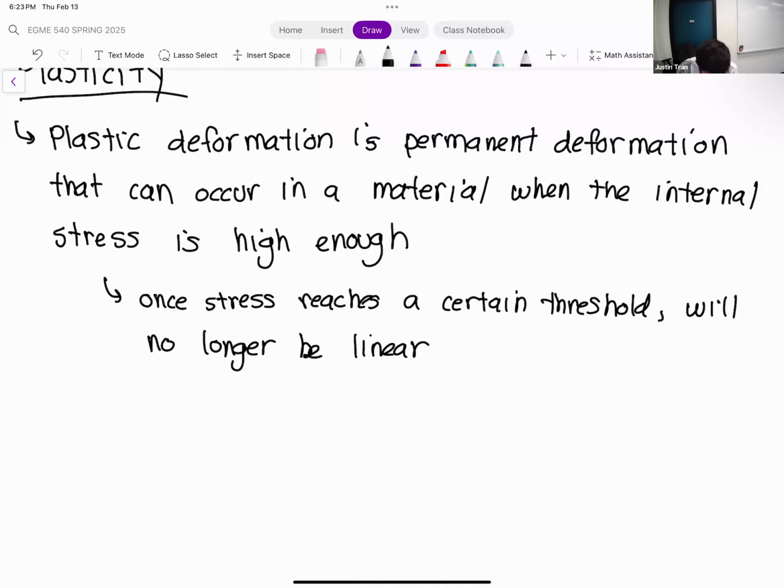I'm sure you have all seen the plots before, so let me go ahead and draw the stress-strain curve. We've discussed this region so far. That region is the linear region where stress and strain are linearly related.